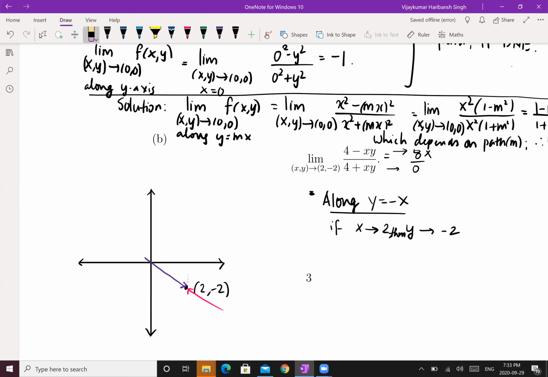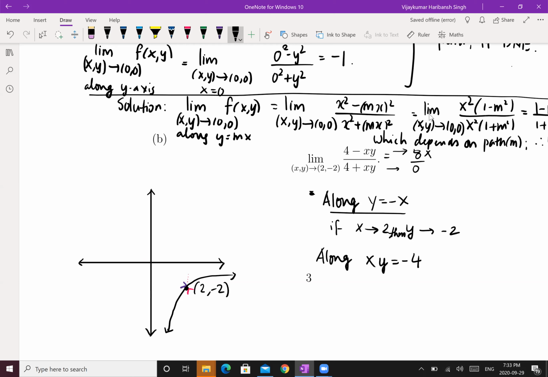So notice the following: instead of taking this path, how about I take the path along xy equals minus 4, which is basically a parabola on this side.